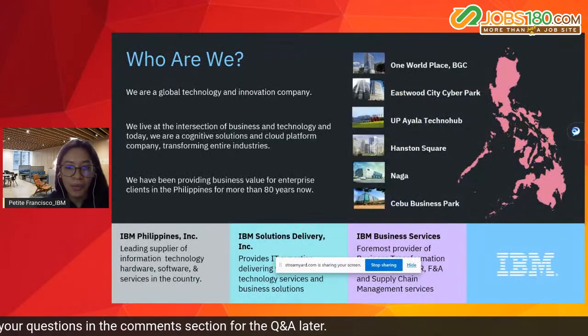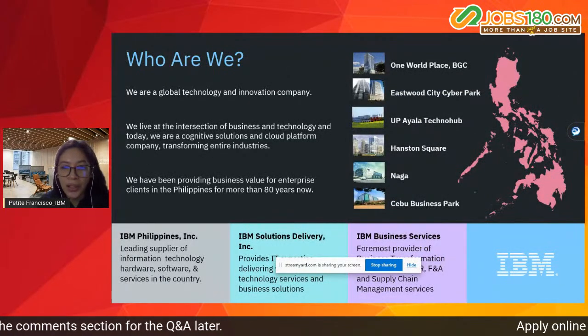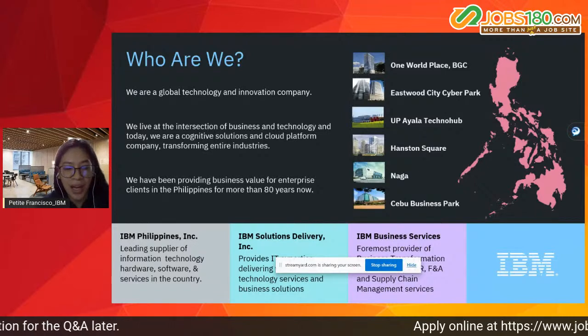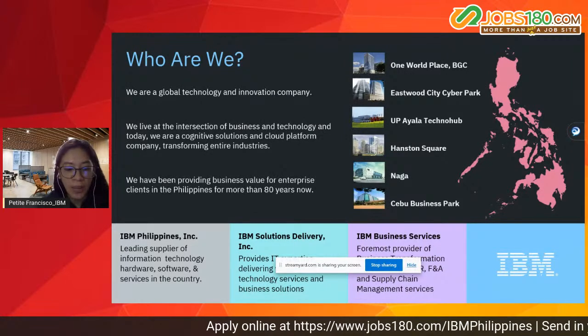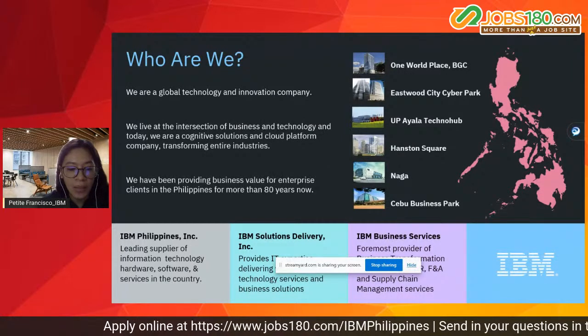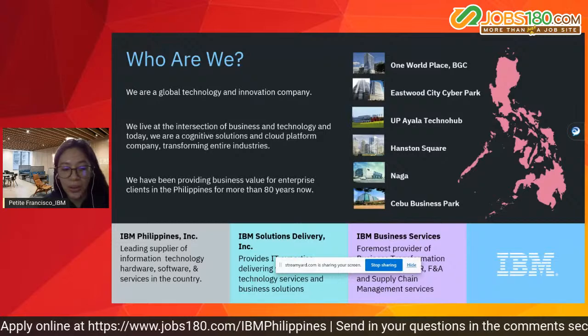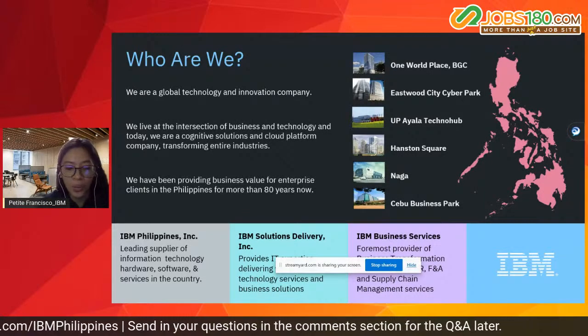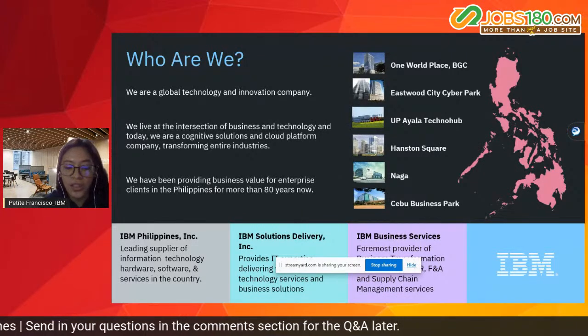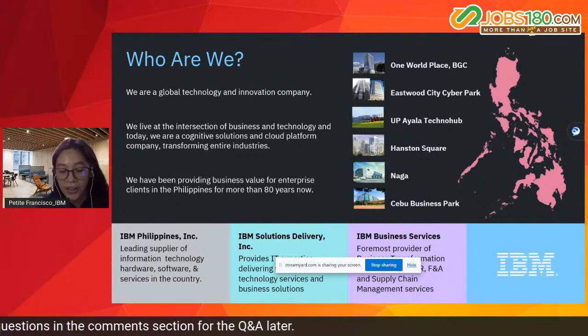All right. Before we start, I'd like to introduce first who IBM is. We are a global technology and innovation company. Take note that we no longer make computers. Instead, we are one of the largest technology and consulting employers in the world.